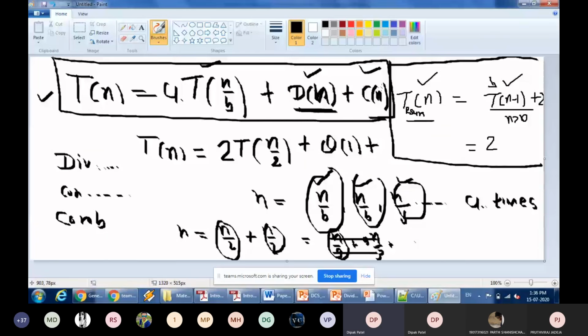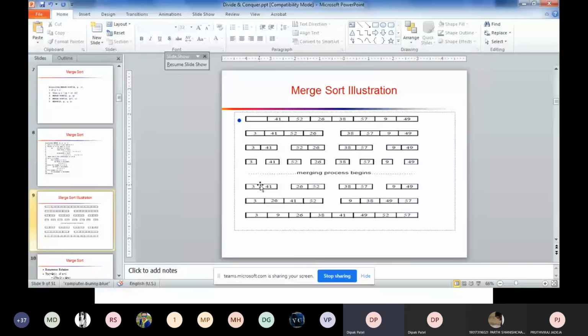How do we combine the solution? To combine the solution, we are combining these two arrays: 3, 41, 26, 52. We traverse 3, then 41, then this one, then this one, and then you have the complete half, right?